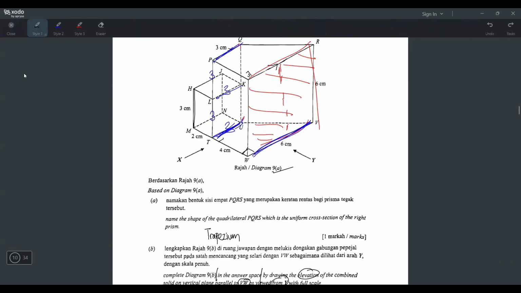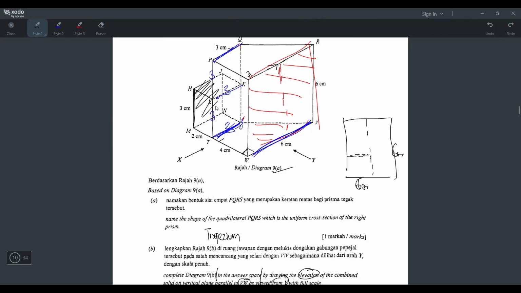Okay, so I think I did everything correctly. So let's double check. It will be a 6 cm by 6 cm square, and then another 3 cm by 3 cm, but using dotted line because it's hidden. And what about this surface? This surface I already used dotted line, which is here.